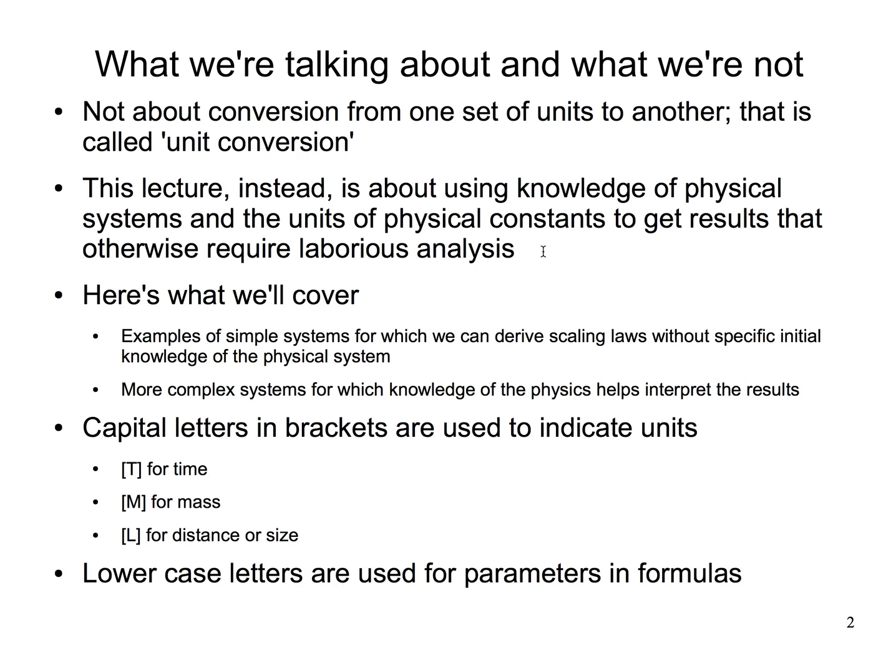Those examples range from simple mechanical systems to complex mechanical systems to atomic physics, cosmology, wide-ranging application. So you can read this at your leisure, but the idea is that we're going to use a notation that looks like this: square brackets to indicate the units associated with physical constants and measures that are appropriate to a particular problem.